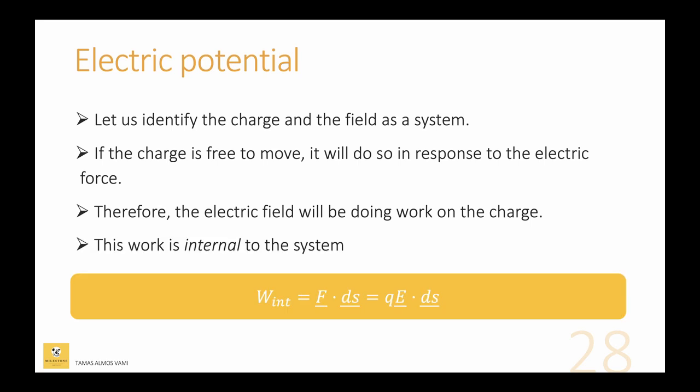This work is internal to the system, and we define work to be the force times the displacement. Work is a scalar quantity, while the force and the displacement are vector quantities. So what we do is multiply these two vectors as a scalar product.